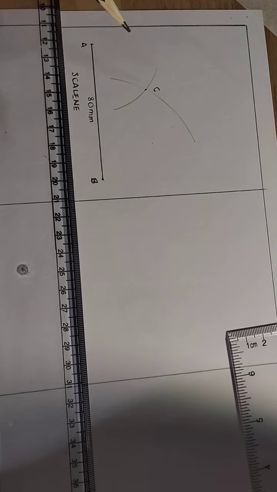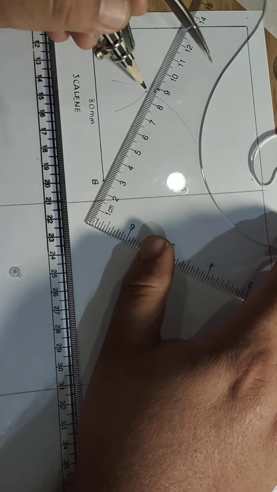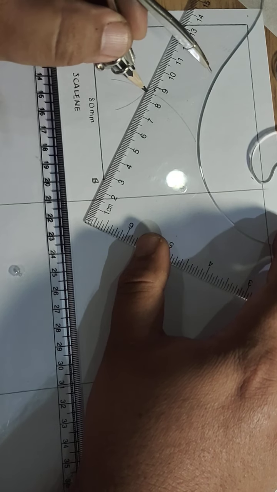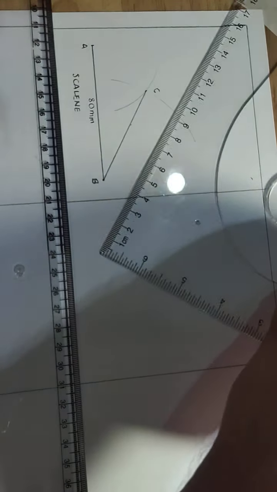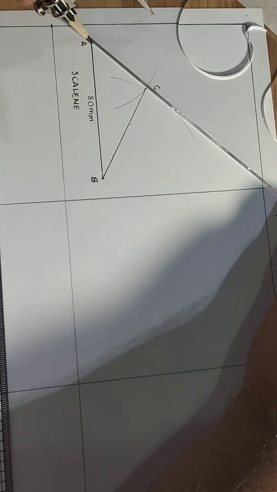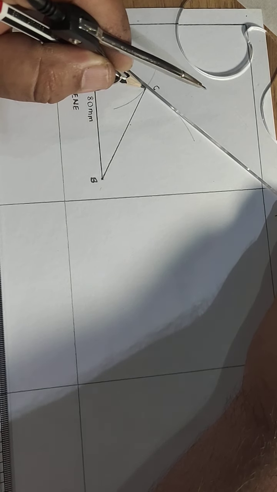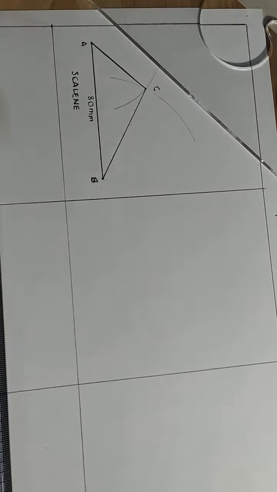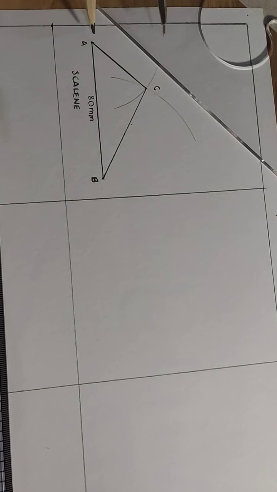After you build it, you just draw the line from B to C, and then from C to A. Make sure that your line does not go away from C. Perfectly.